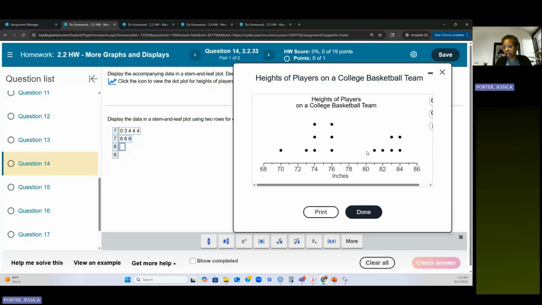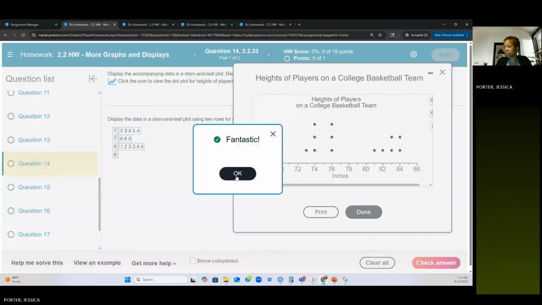Where am I going to start that? Okay, so 1, 2, 3, 3, 4, 4. Now I put spaces. Let's see if that's what we do. Check answer.